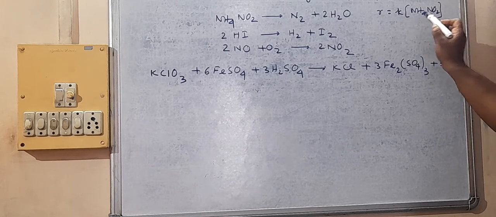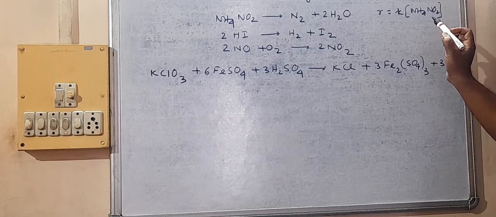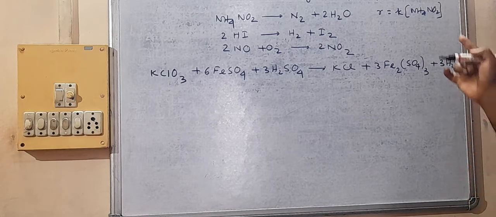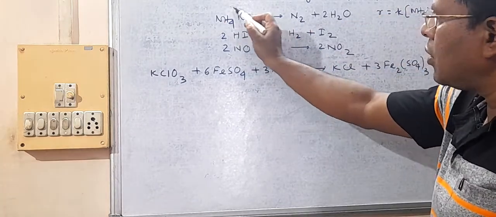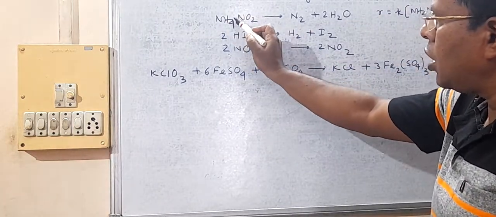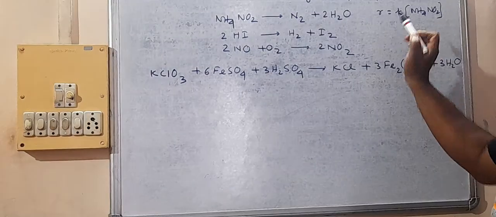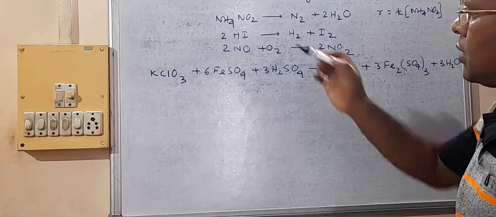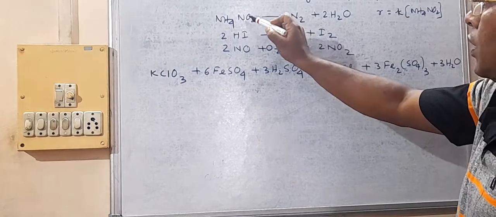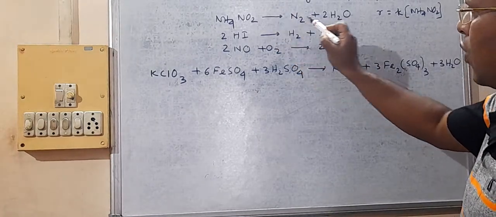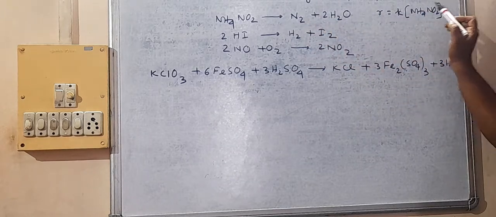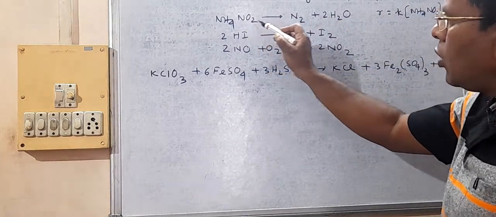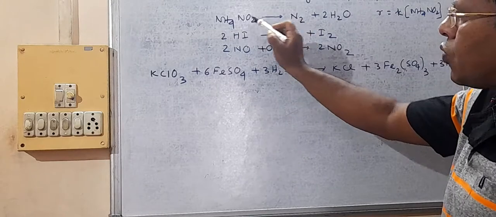So it is a first order reaction, and since the coefficients here and here balance, we say that it is an elementary process. This elementary process takes place in one step. So the order of this reaction is 1, and the molecularity of this process is also 1.